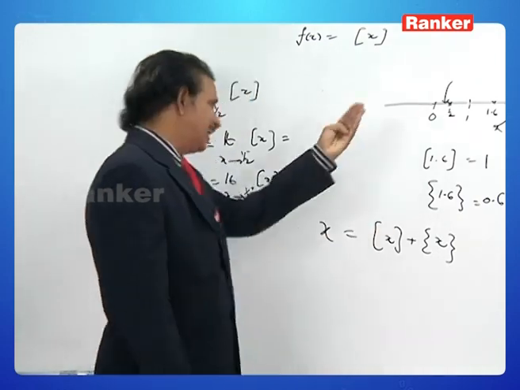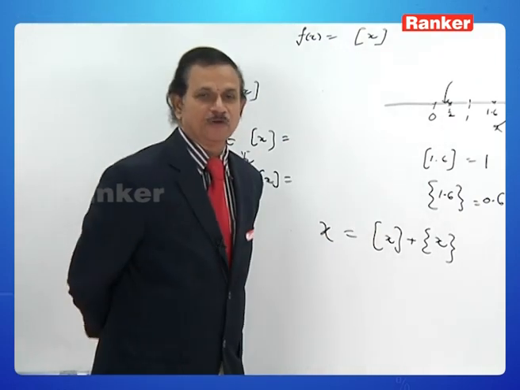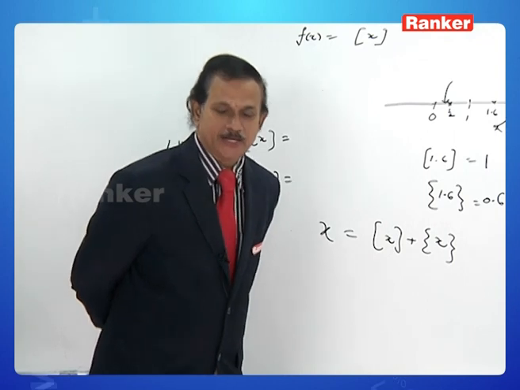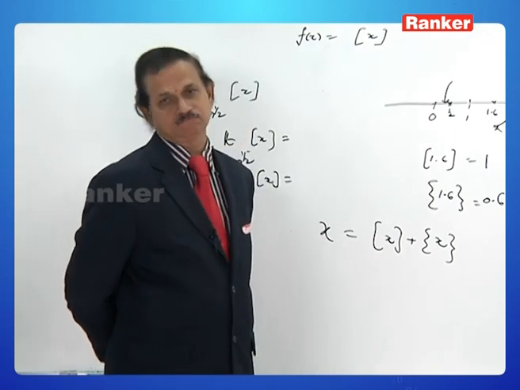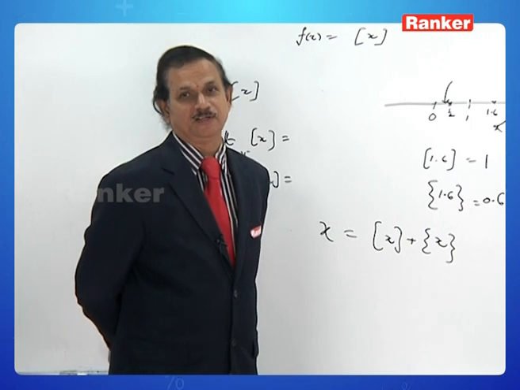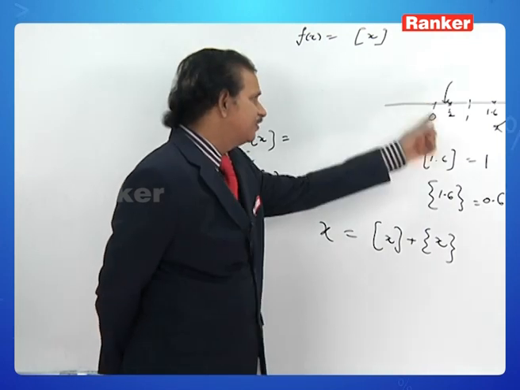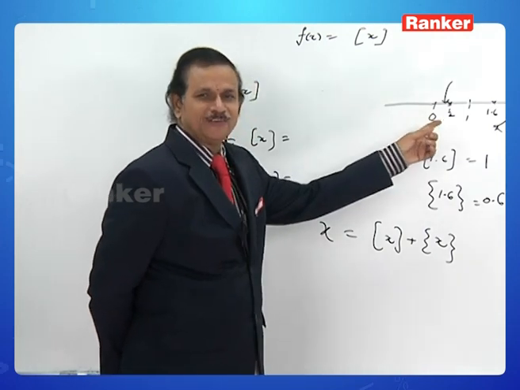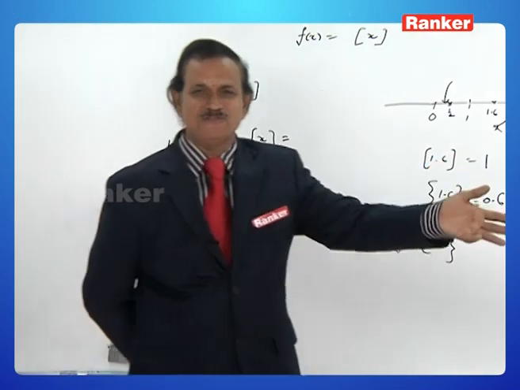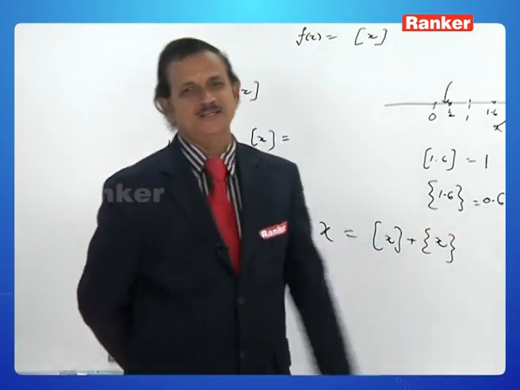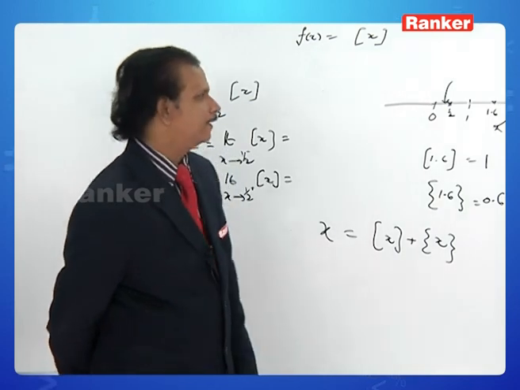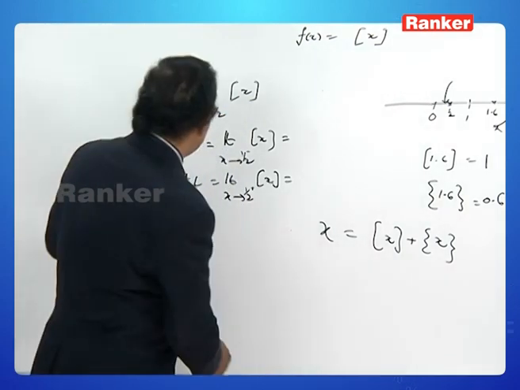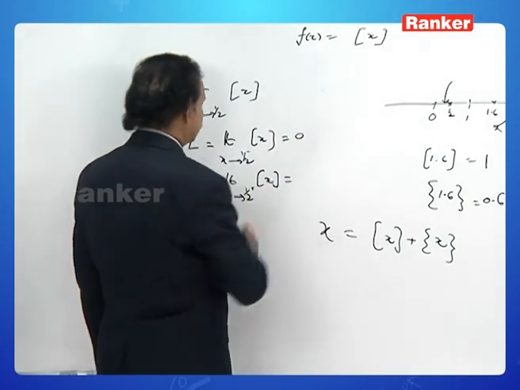To the left of 0.5 means 0.499999999, but not 0.5. Even then its integral part is 0. Integral part is 0. Okay, hence it is 0.